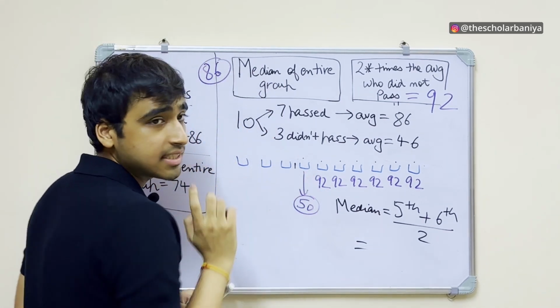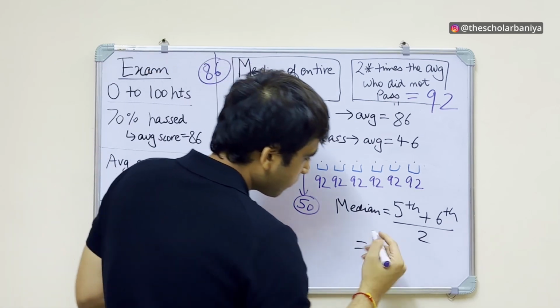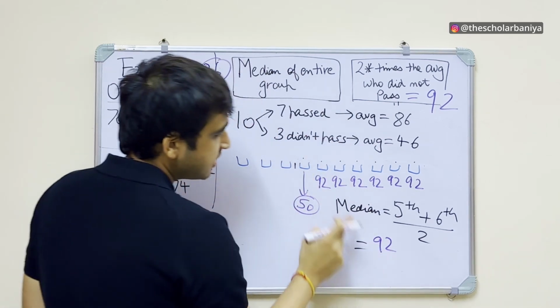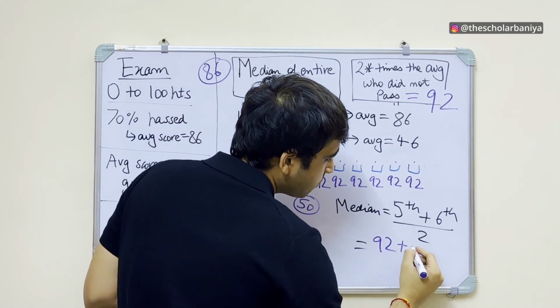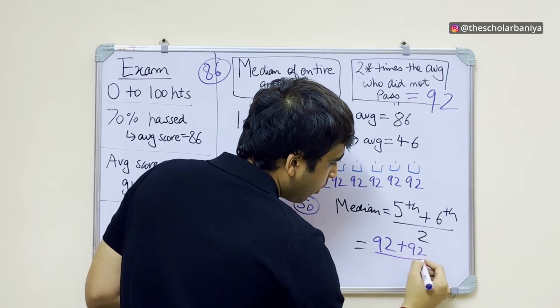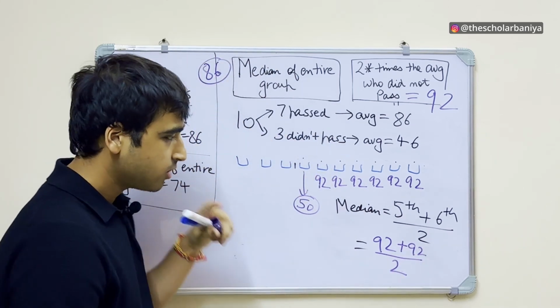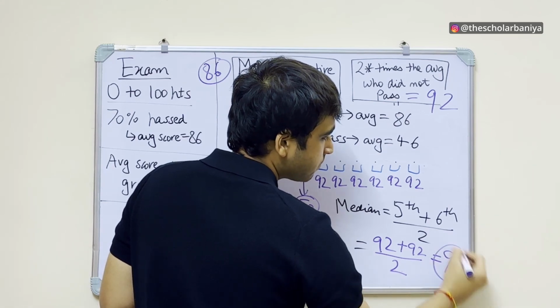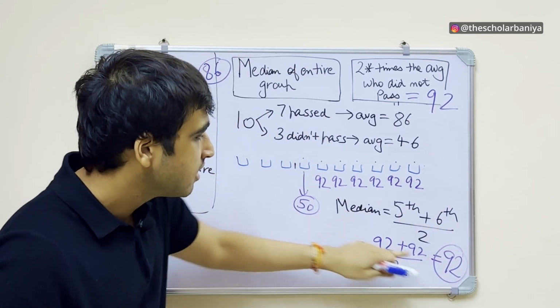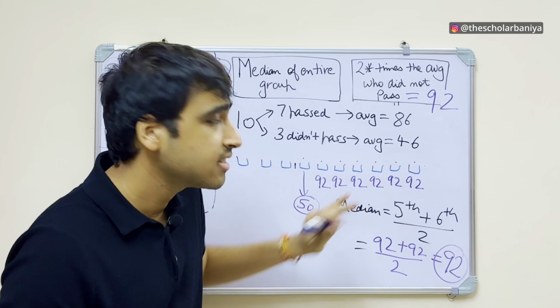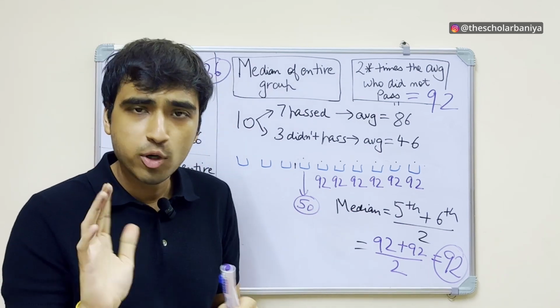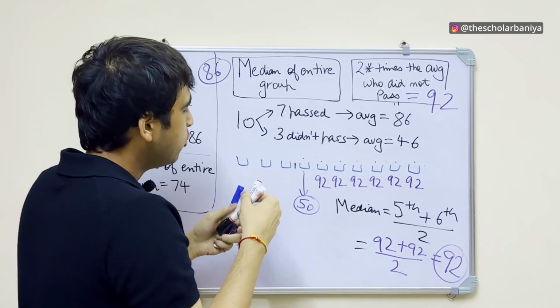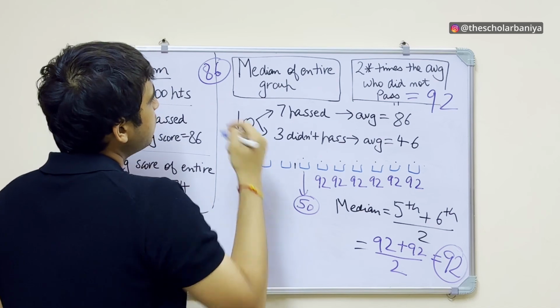The 5th term is 92. What is the 6th term? The 6th term is also 92, upon 2. So this gives us 92. That means the new median in this case is 92. This is one possible case.